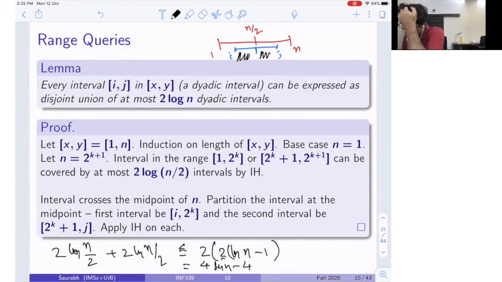Saket, can I try to give another argument for 2 log n? Yes, please tell me. So, as the interval is continuous, all the vertices, now think about the tree that you have drawn. All the vertices you are storing have to be continuous in the level, one after the other, right?